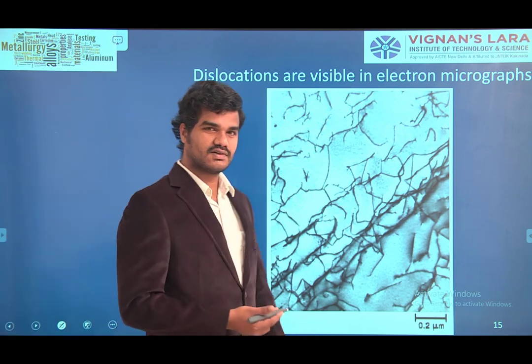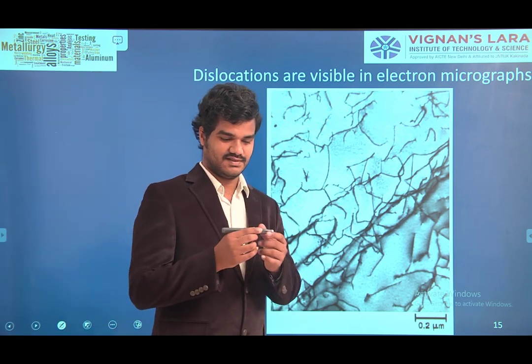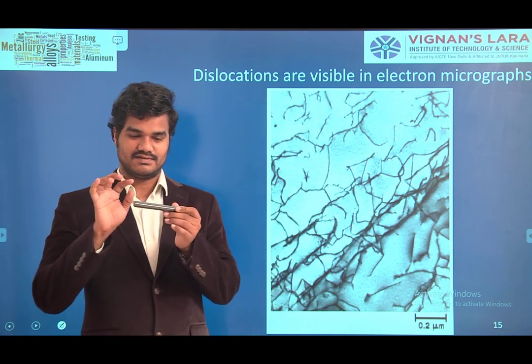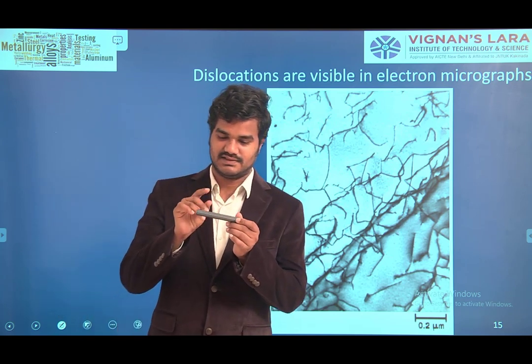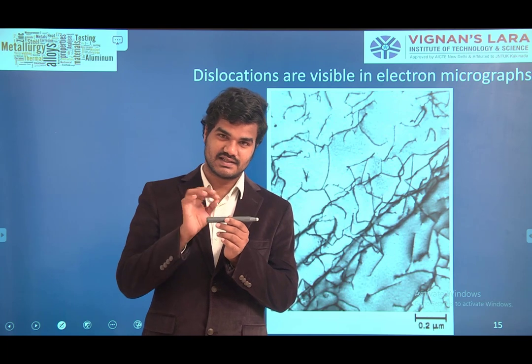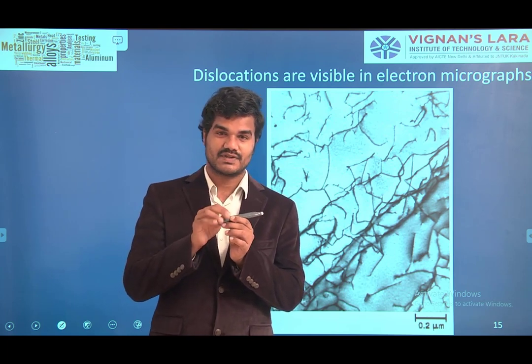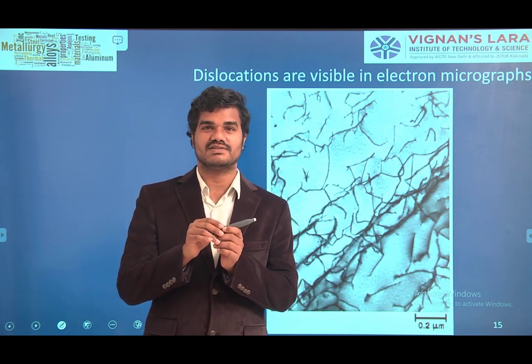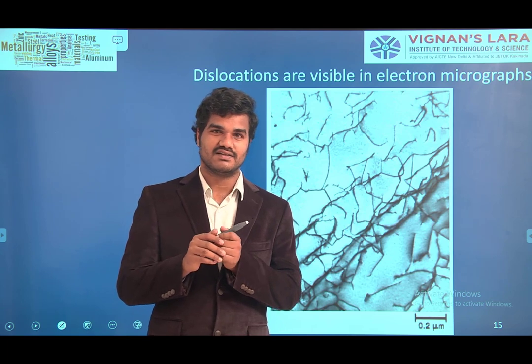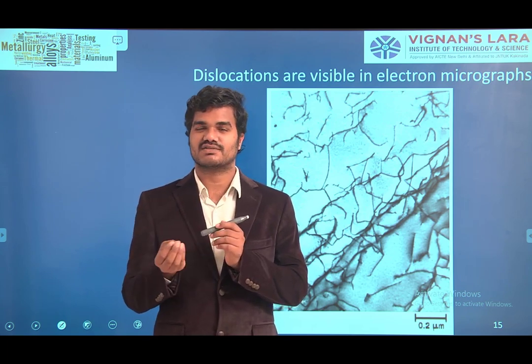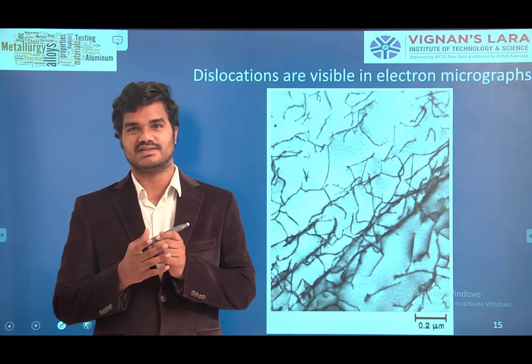Can you see these dislocations? This material is there. Inside, crystals are there. Inside the crystals, atoms are there. That atom dislocation arrangement, can you see it with your naked eye? No. With normal simple microscopes also you cannot see.